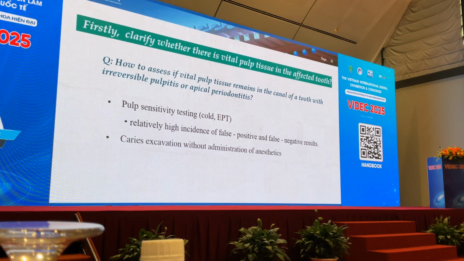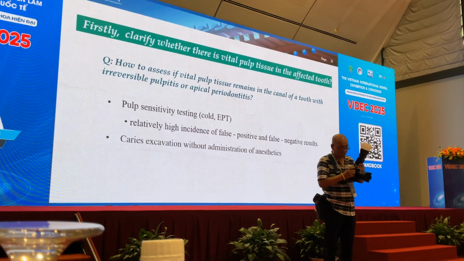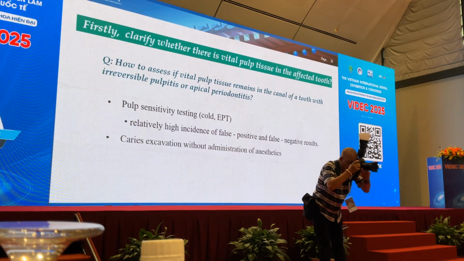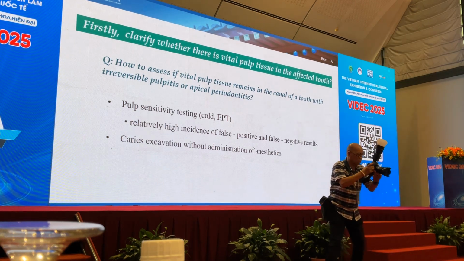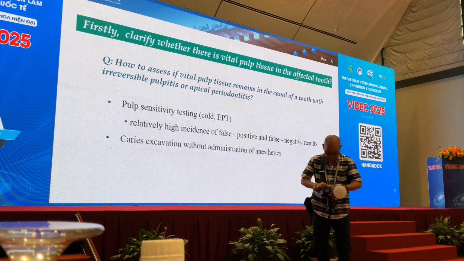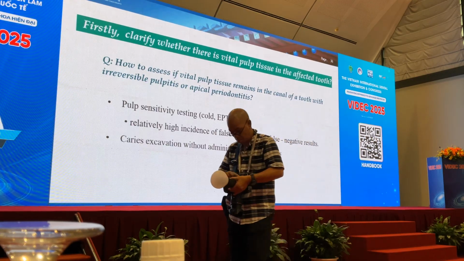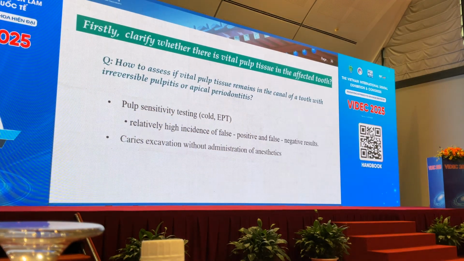Because if vital pulp tissue remains in the root canal, the patient would feel pain, right? If it is a child and he's anxious, what happens? It hurts his cooperation, right? It's difficult for us to handle. So we should use it with caution.